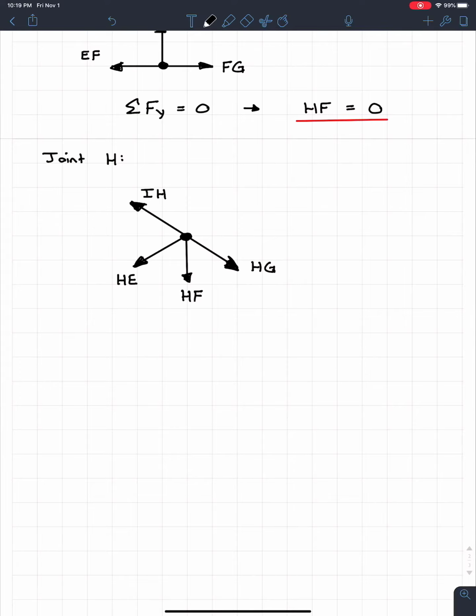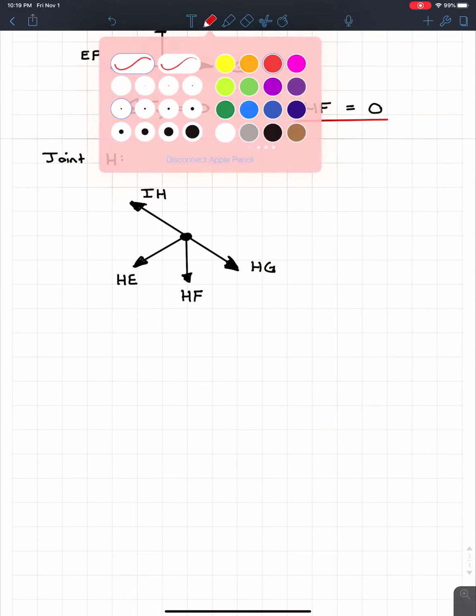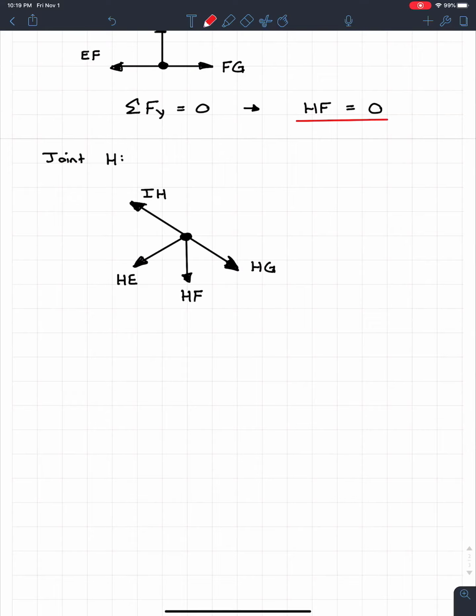You can't prove anything. Well, this is when the trick comes into play, that you guys can define your own axis. So what I can do is, instead of having the regular XY, I can have an XY axis that goes exactly like this. And if you ever want to prove zero force members, you guys can use this axis right here.